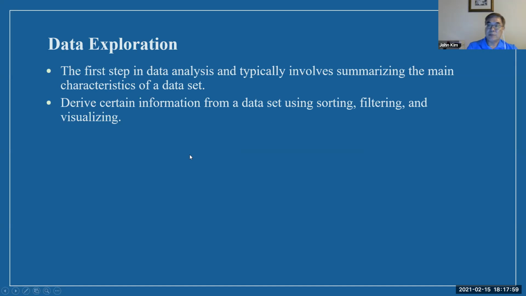The first step in data analysis typically involves summarizing the main characteristics of a data set. So from raw data, we can show the data using descriptive statistics, summarizing, or using a graph. That kind of step is exploration.